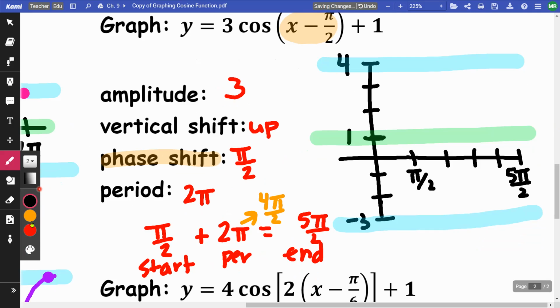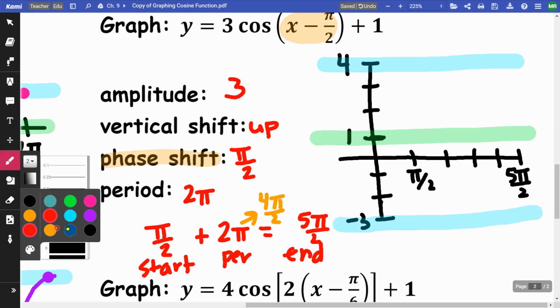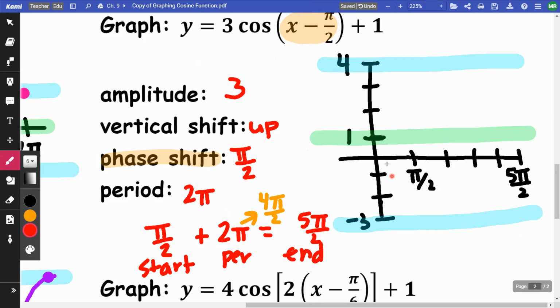And then I am going to try to solve this. So for this, my high is at pi halves because that's my start. And I end at that same spot. Then halfway between, I'm going to be at my low.